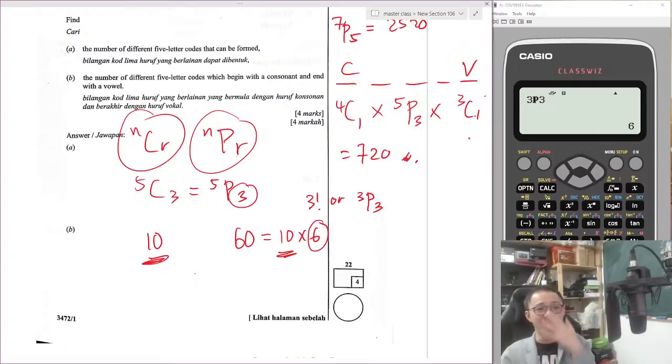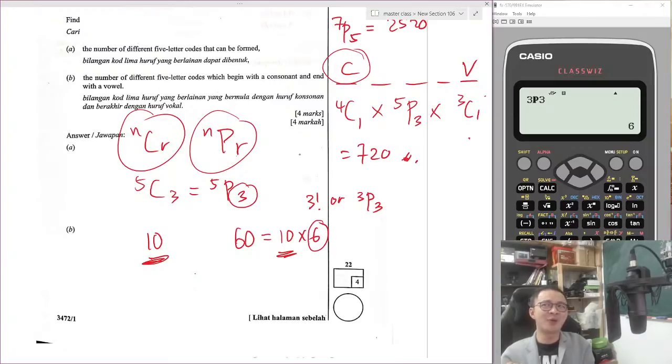But in this case, I would think 4C1 sounds more correct to me, even though both are correct. Because I only want to have 4 consonants, I randomly choose one consonant to put at the first letter. I don't do the process of arranging one consonant there. So this is the reason why I straight away do 4C1, because I only want to choose one consonant to put at the first place, and from 3 vowels I only want to choose one vowel to put at the last place.